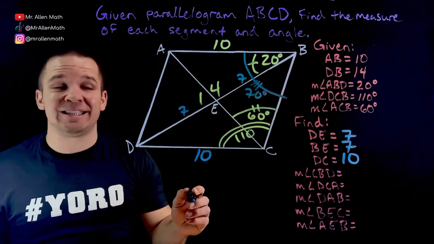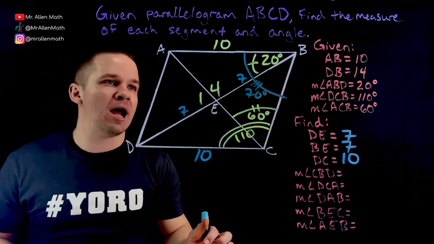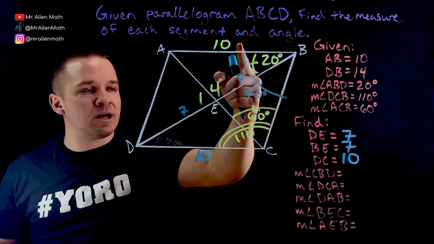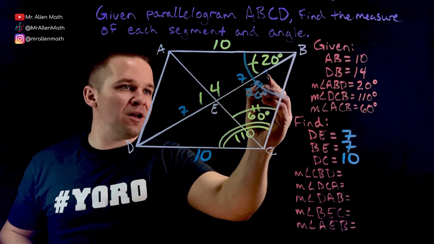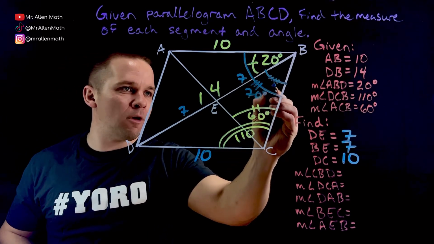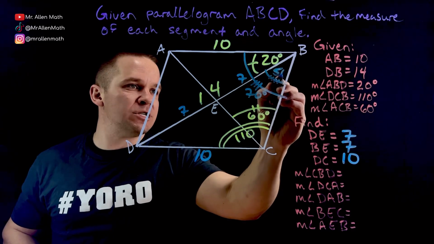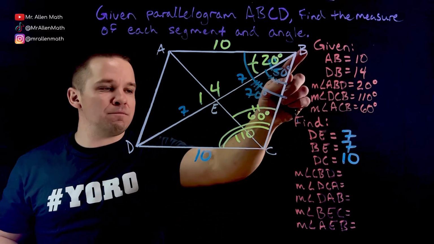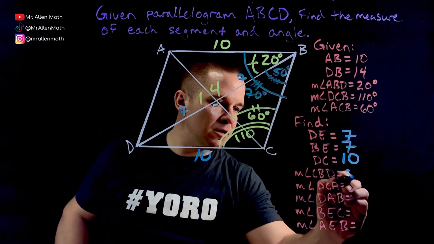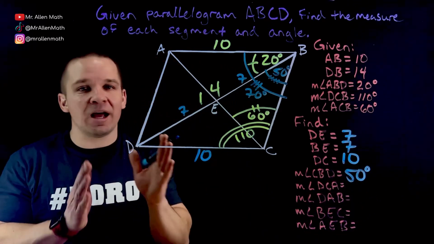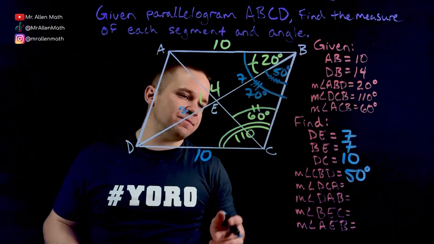And this diagram is about to get real cluttered real fast. All right, so this whole thing is 70 degrees right here. Well, if that part's 20, then this guy right here, 1, 2, 3, 4, is going to be the leftover, which is 50 degrees. So CBD is 50 degrees. Yay! Wonderful.